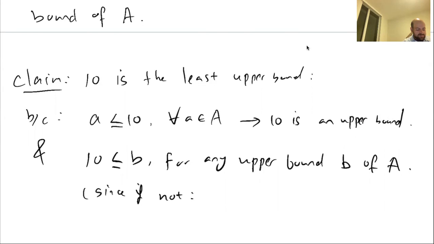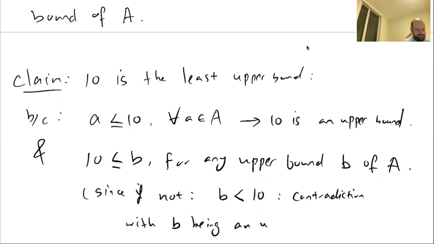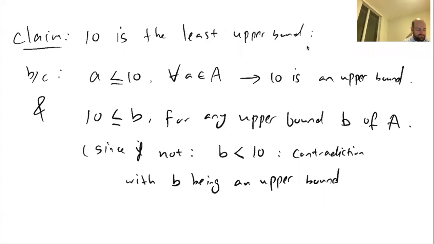If not, we would have B less than 10, and this is a contradiction with B being an upper bound of A. Why am I saying this? If not, B will be less than 10. But if B is an upper bound, it has to be bigger than or equal to every element of A, and 10 is one of the elements of A. So B has to be bigger than or equal to 10. It's not possible that B is less than 10.